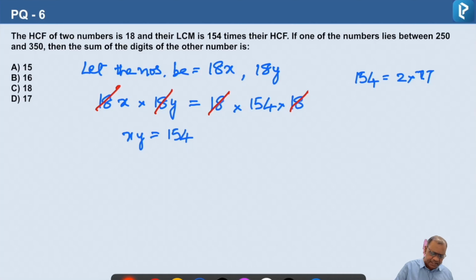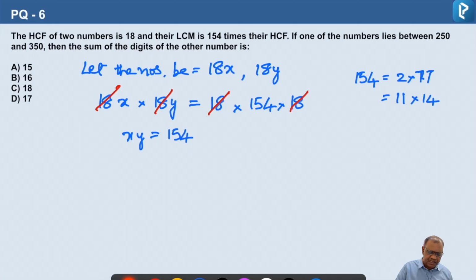It is not divisible by 3, 4 or 5, and it is divisible by 11. 11 into 14.